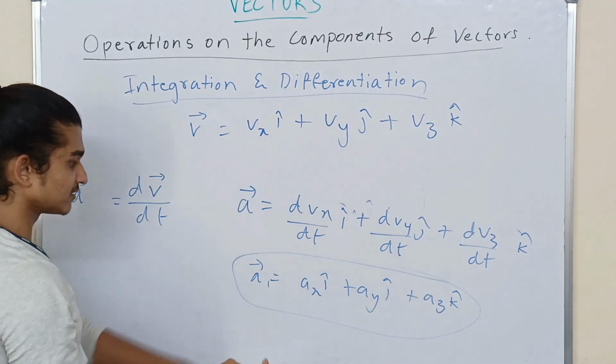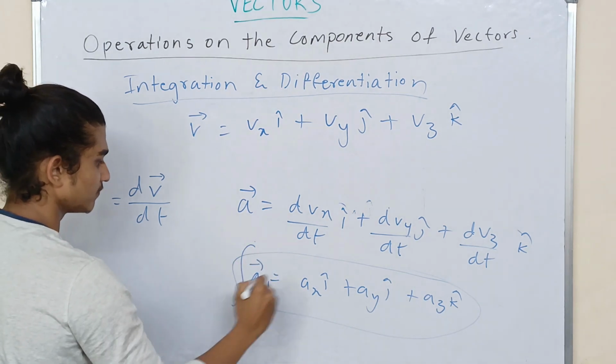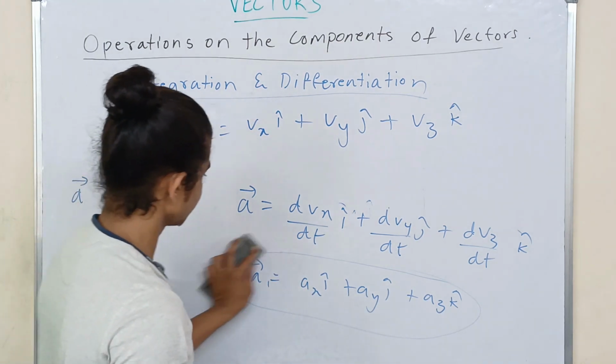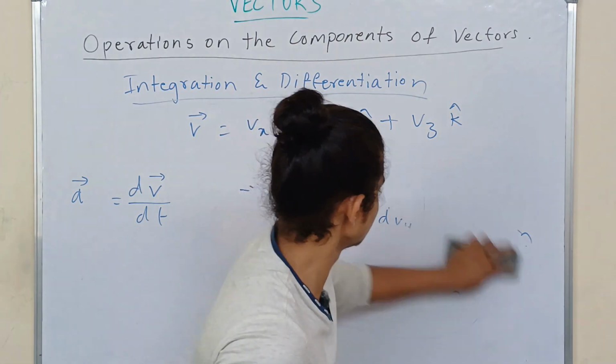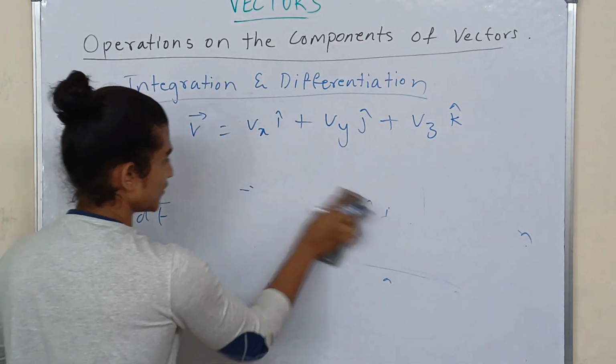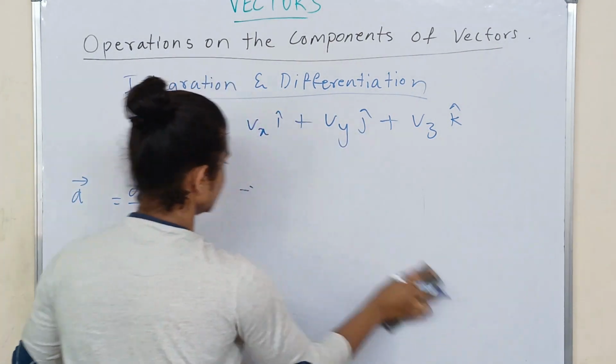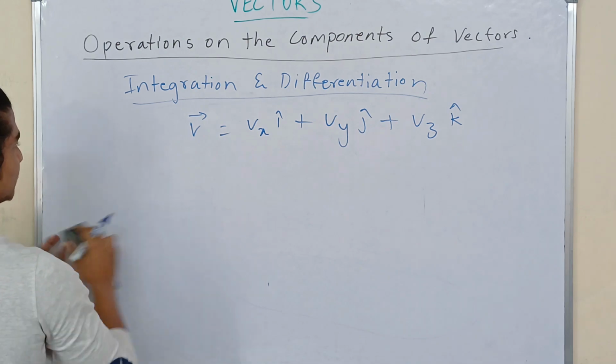Now if you integrate this particular equation with respect to time, I'm going to do the reverse. If you don't know differentiation and integration, you can't understand this, so I hope you have a little bit of basics here.